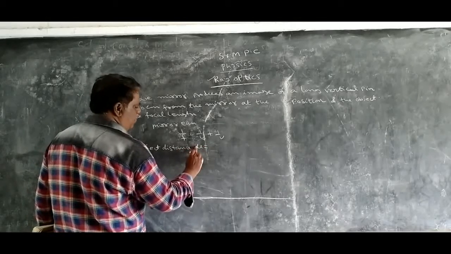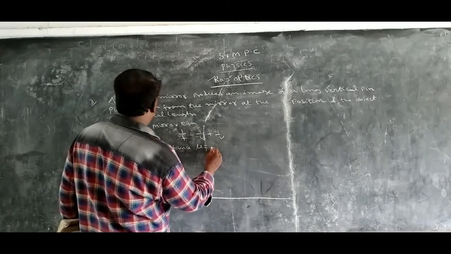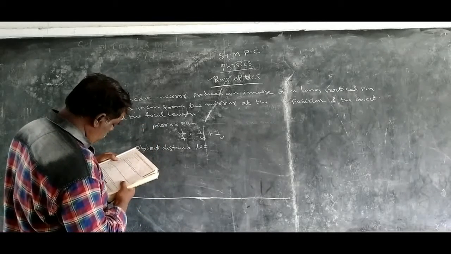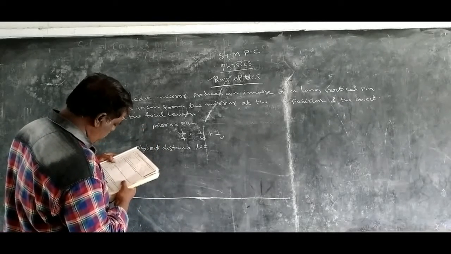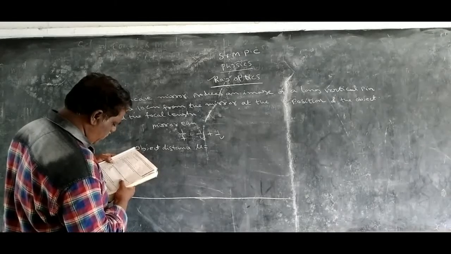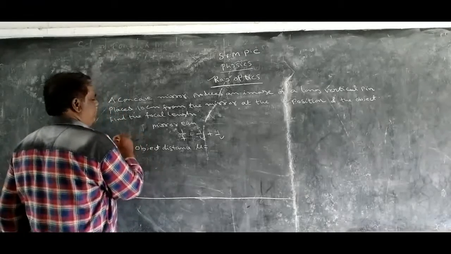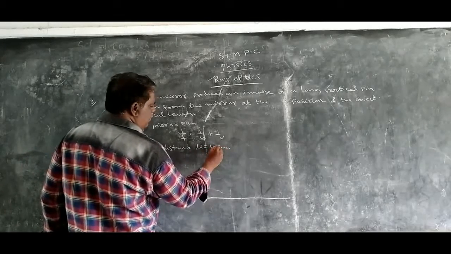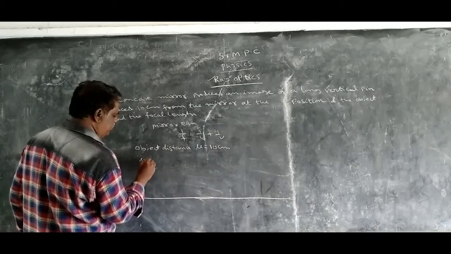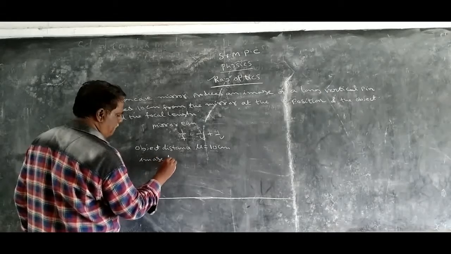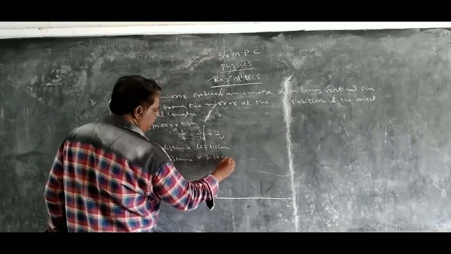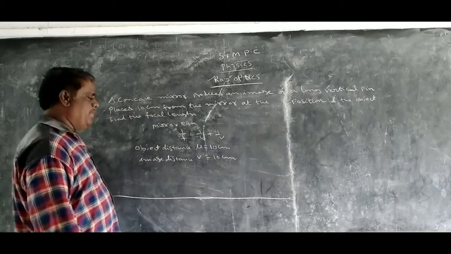U is equal to how much they are given? They are given the value 10 centimeter. Image distance v is equal to also 10 centimeter, the same distance from the mirror.